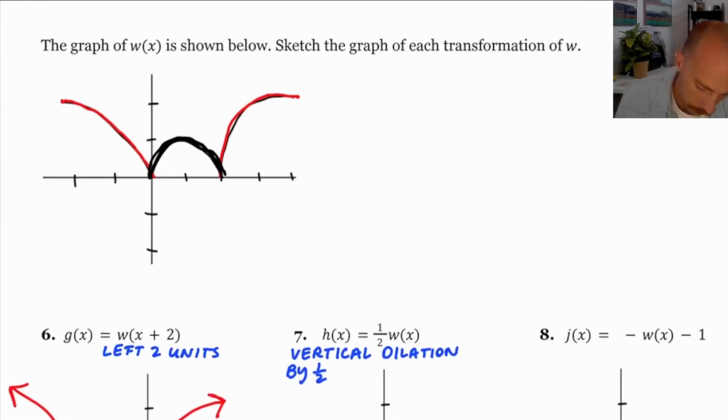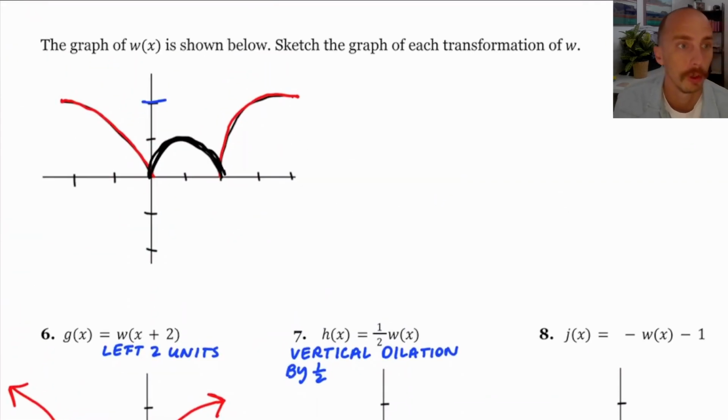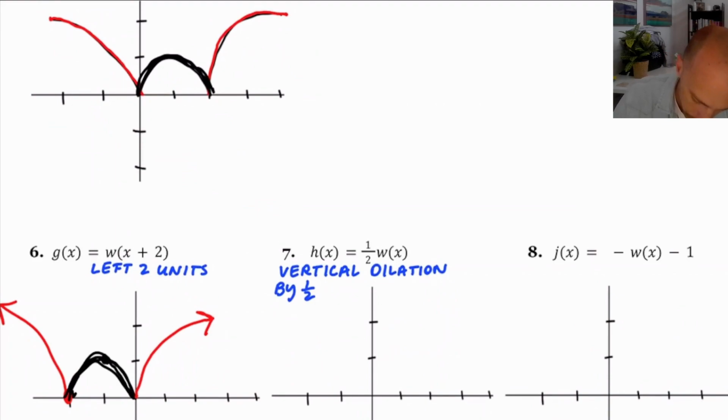by a factor of 1/2. So over here, where I went up 2, I'll now be going up 1 instead. Otherwise, the actual placement of the graph stays the same. Instead of going up to 2, I'm going to go up to 1 with that left arm.